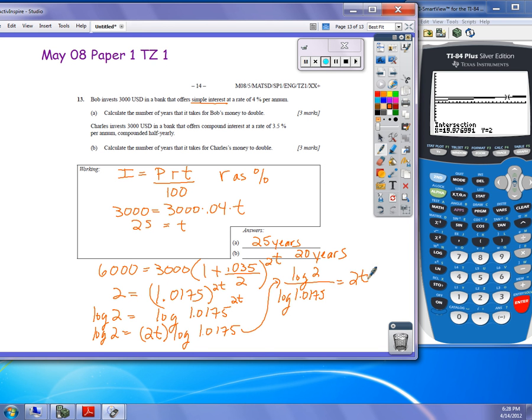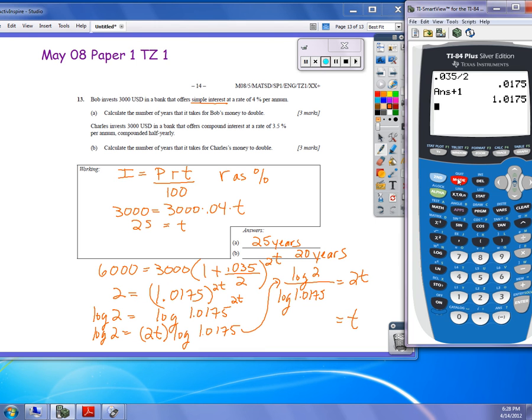I'm going to figure out my answer in the calculator, and then to actually find out time, I'm going to divide by 2. So let's see what that looks like. Let's clear that out, take the log of 2, close that parentheses, that's super important, divide by the log of 1.0175.